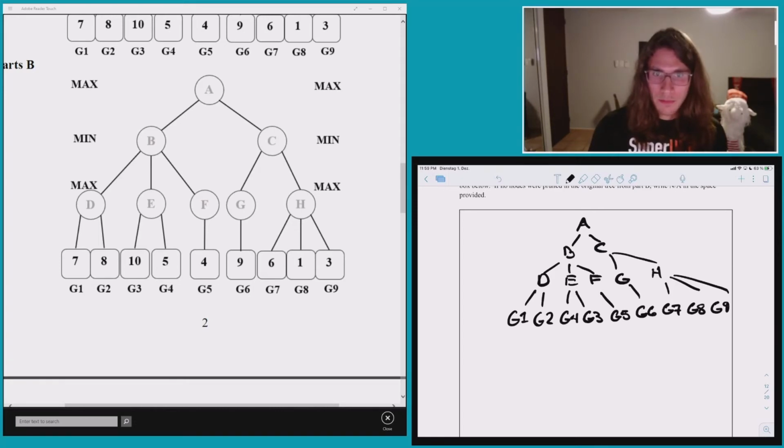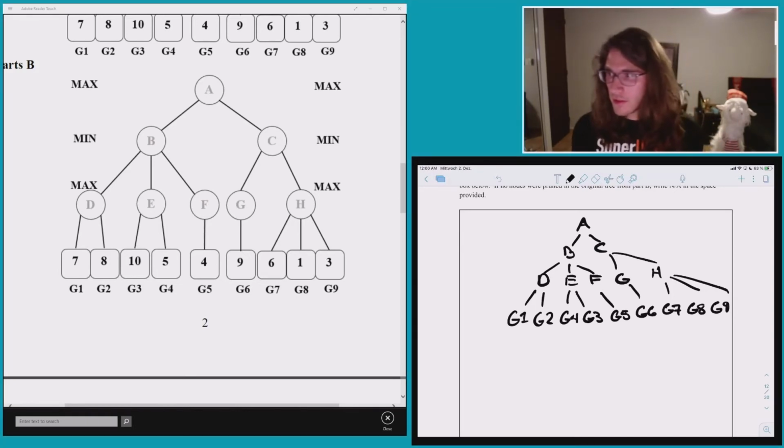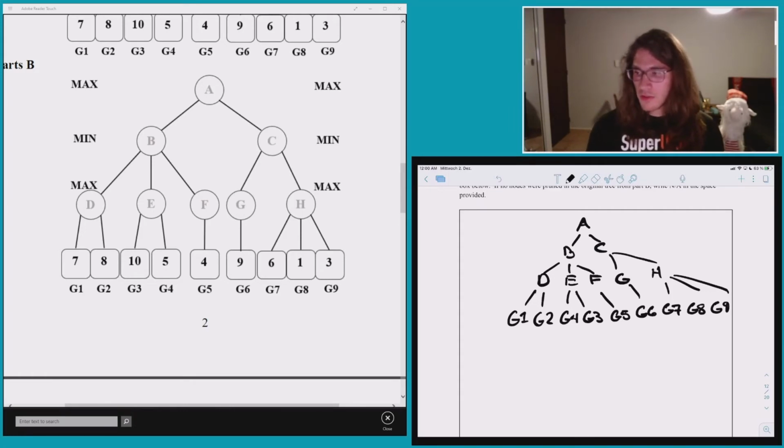Okay, so I'm looking through my notes because there are actually multiple ways of solving this. So that was the more simplistic way of solving it. A different way of solving it, and this was actually the intention of the question, is in the ordering of nodes.